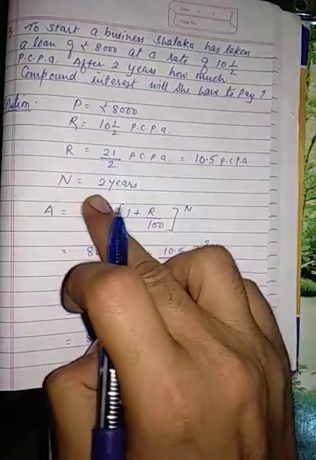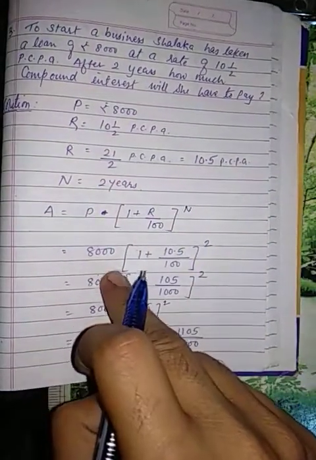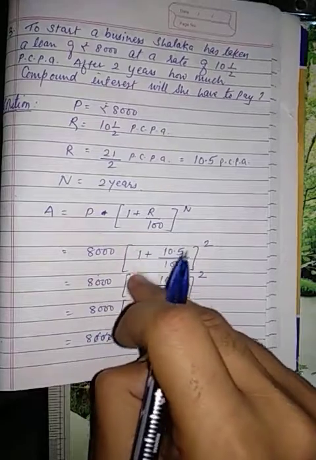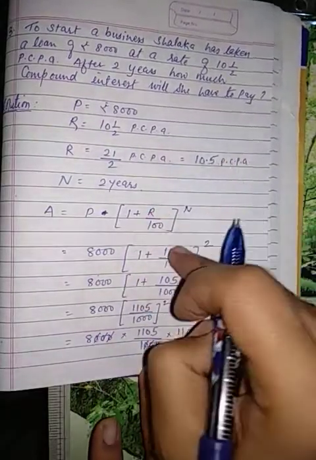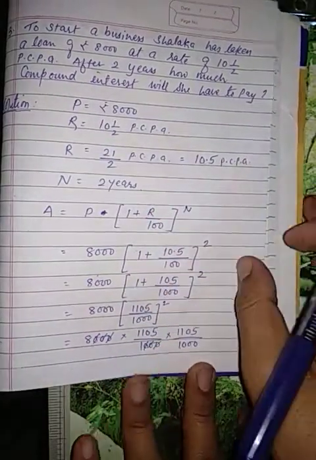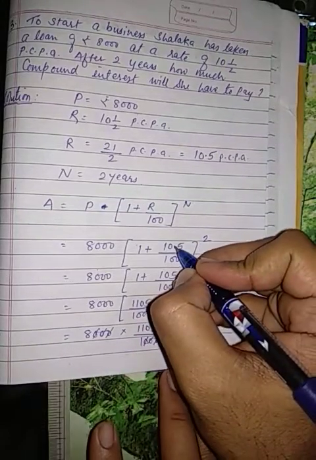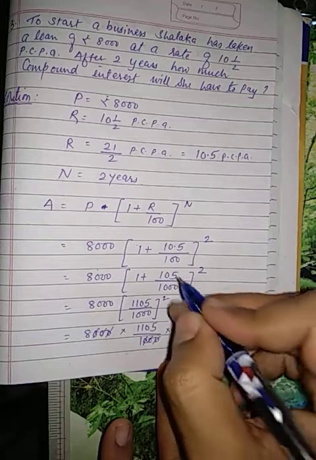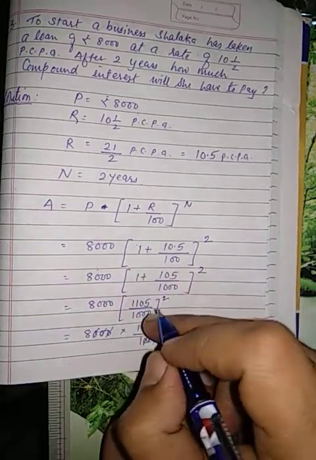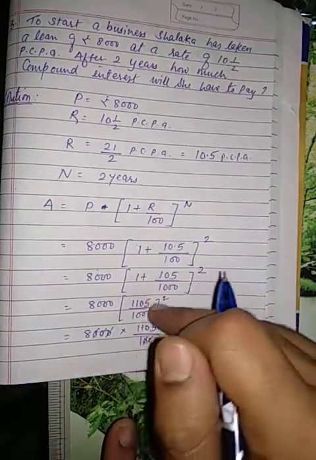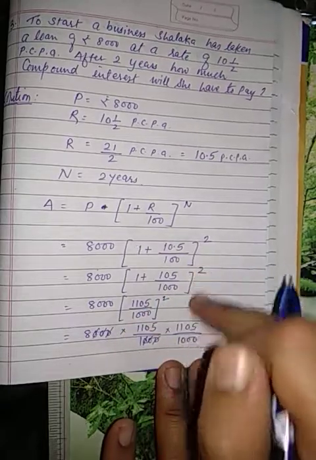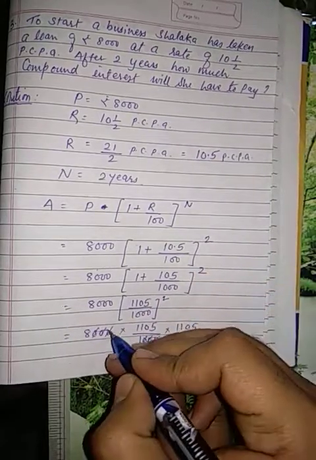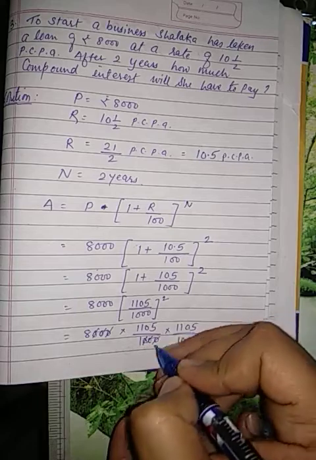Now substitute all the values here. Principal into 1 plus rate is 10.5 now upon 100 squared. Now first of all, remove decimal points. So there will be 1 0 in the denominator. Cross multiply and add to 105. Okay, square means multiply 2 times. Now divide by 1000.